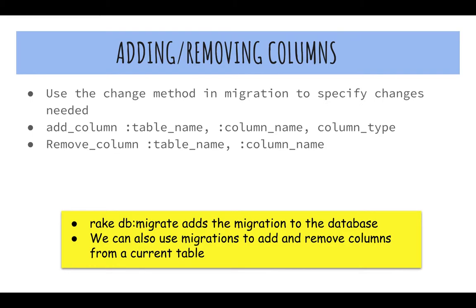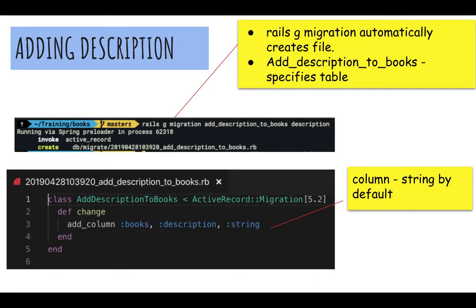So to add a column, we do add_column, the table name, and then the column name that we want to add, and also the type for that column, whether it's an integer, decimal, string, etc. We can also remove a column, and we then need to give the table name and the column name of the column that we want to remove. Again, we need to run rake db:migrate.